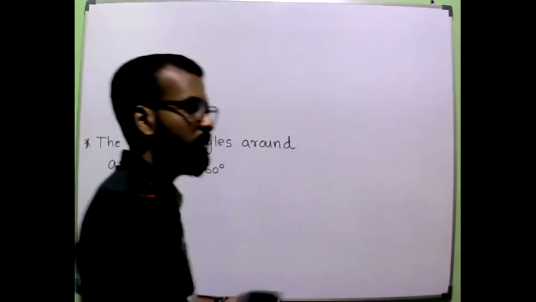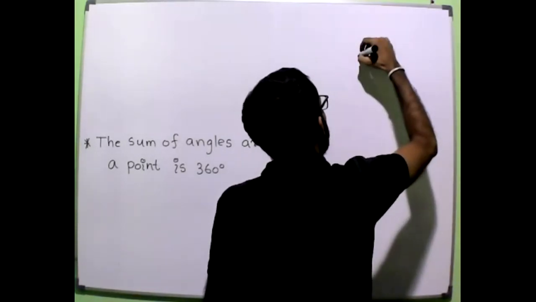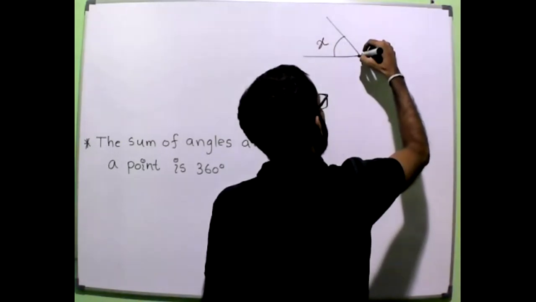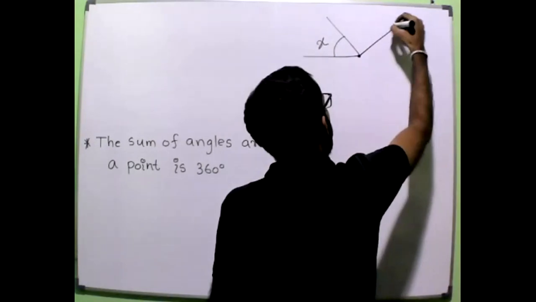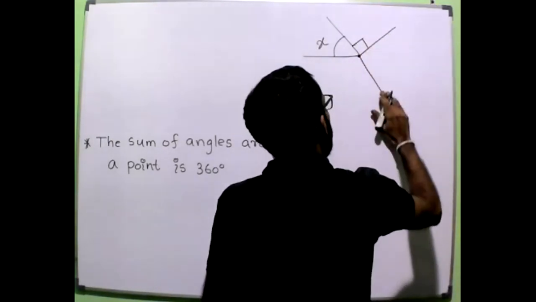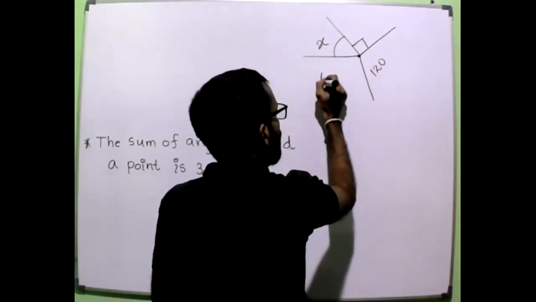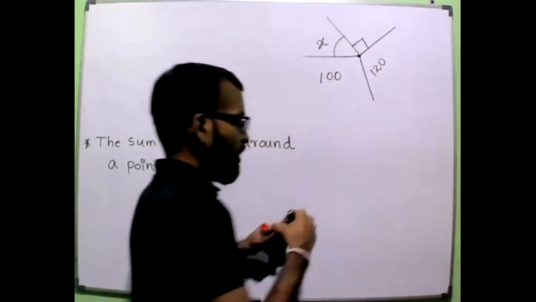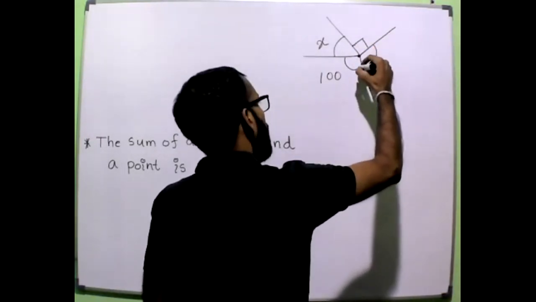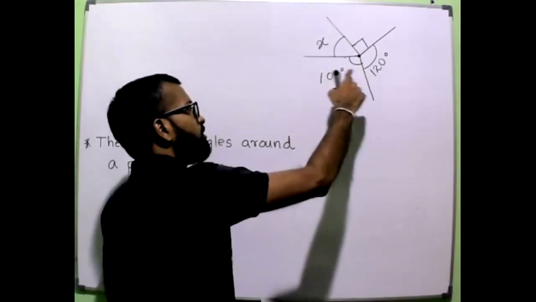You can draw this with me. This is my common point, and I will draw something like this. This is x. 100 degrees, 120 degrees.